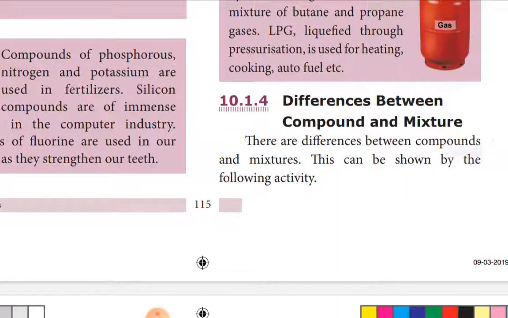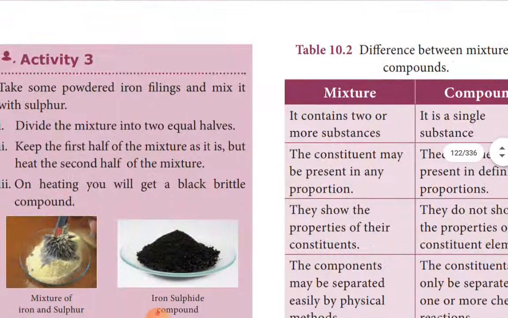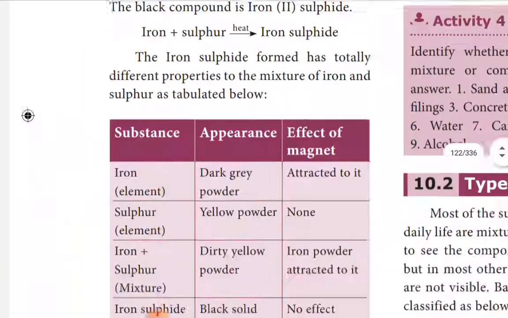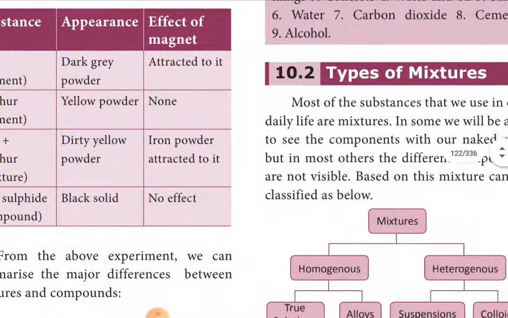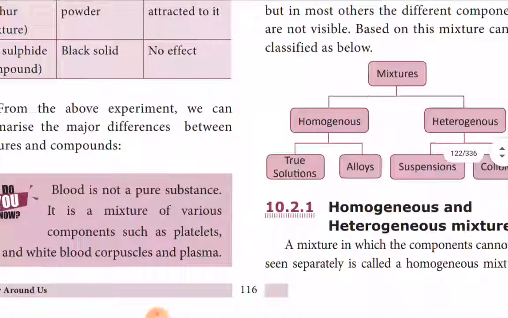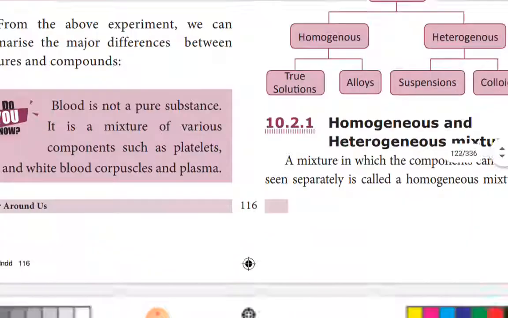Next, see the difference between compound and mixture. The mixture of iron and sulfur, and also the compound of iron and sulfur, iron sulfide. Then types of mixture: homogeneous and heterogeneous.